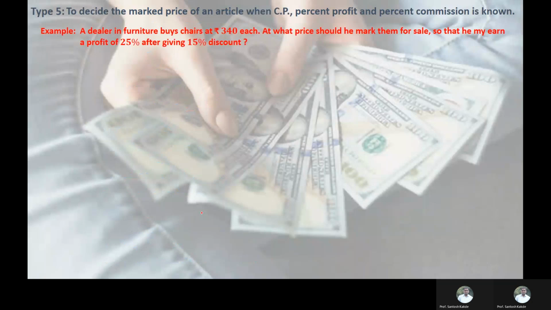So let us consider in this example what it says. The dealer in furniture buys chairs at rupees 340 each. They have taken this chair at this cost price of 340 rupees each, and he wants to sell at a profit of 25%.